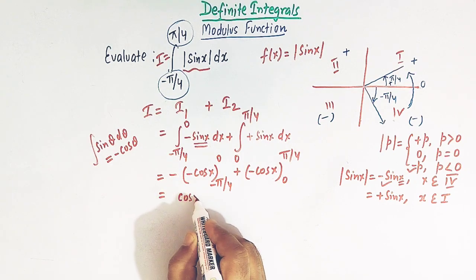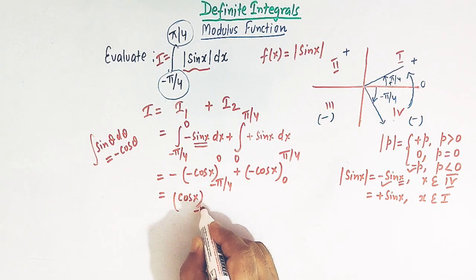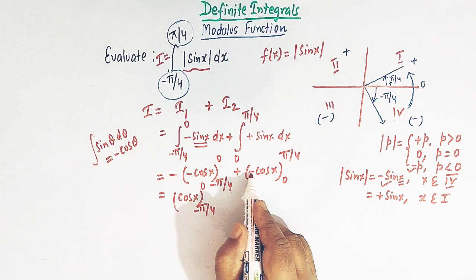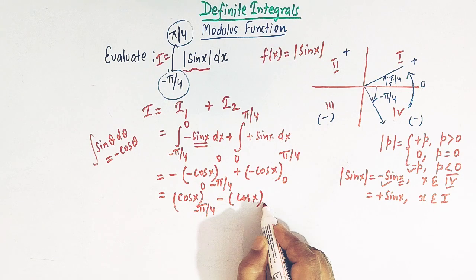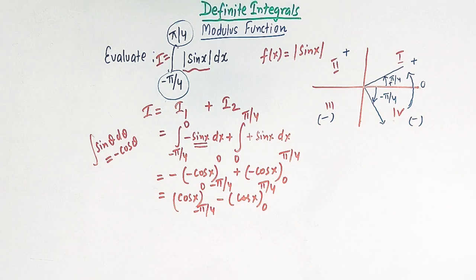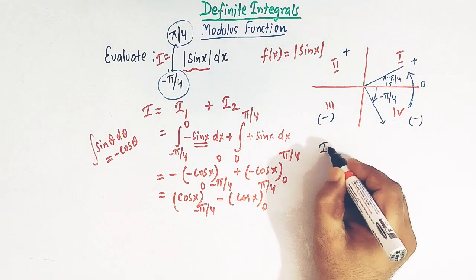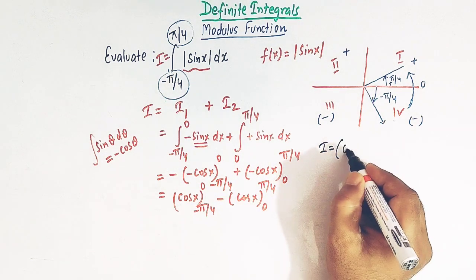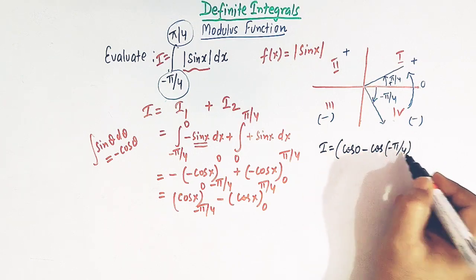So we have simply cos x with limits from minus pi by 4 to 0, and in the other we take the negative sign outside, so we have minus cos x from 0 to pi by 4. Now we simply substitute the limits and take the difference: cos of 0 minus cos of minus pi by 4.